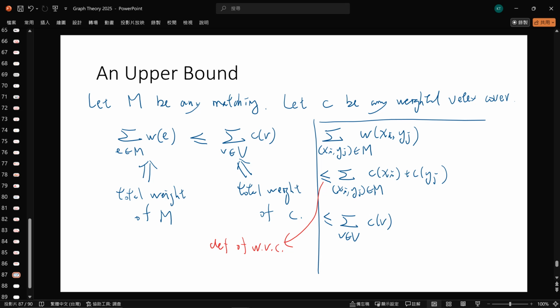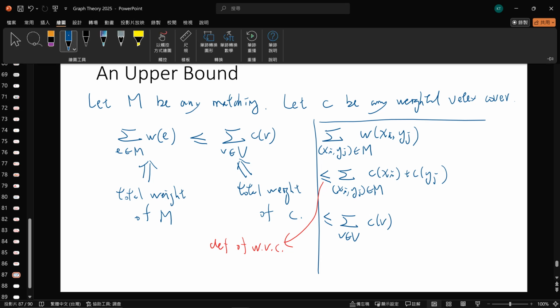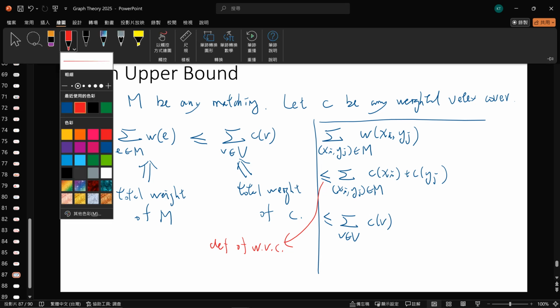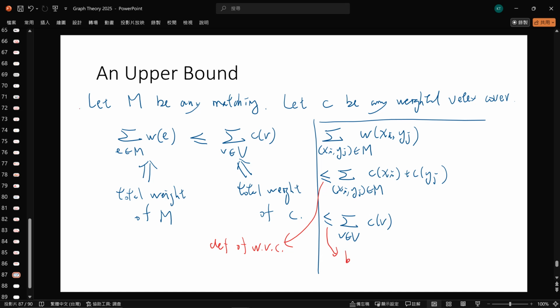The reason that this holds is by the definition of matching. Because this is a matching, we never consider the same endpoint twice in this summation. So for every endpoint considered in the summation, we consider it at most once.